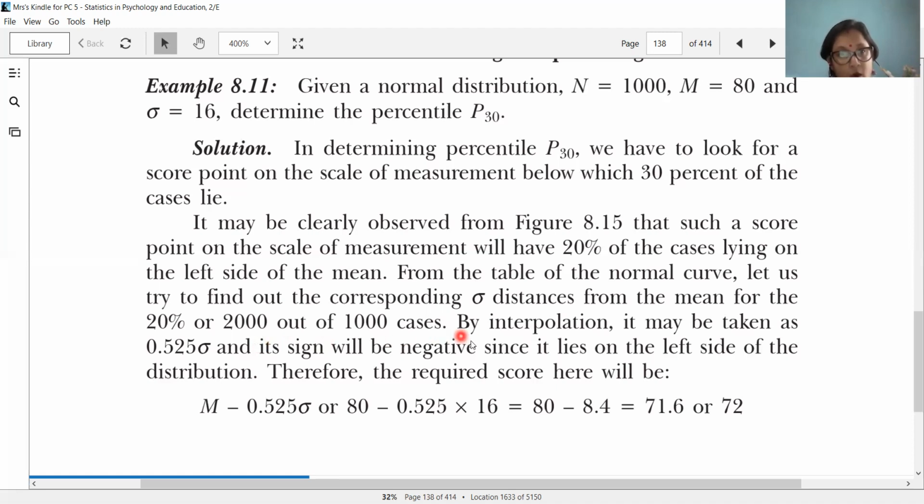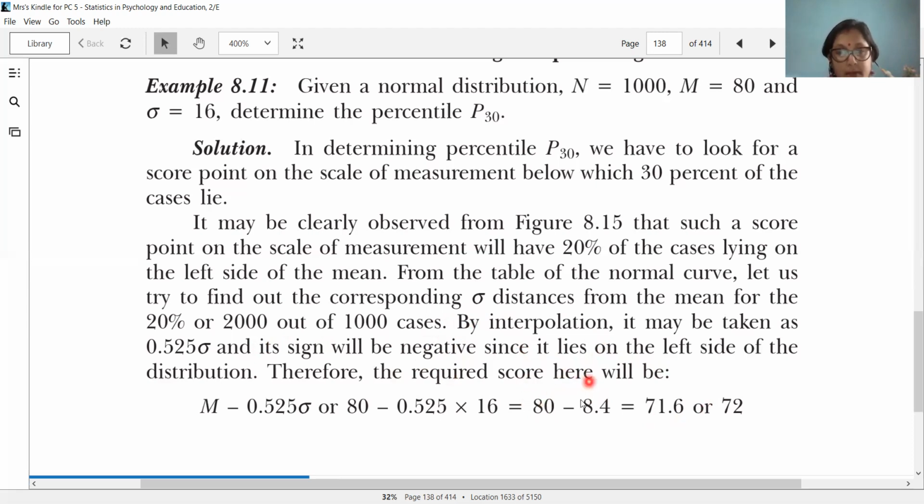Now what we need to do here is that we need to put the values in the formula, which we know. By putting the values in the formula, what we will get here, the score as 71.6 or 72. So the required score is found.